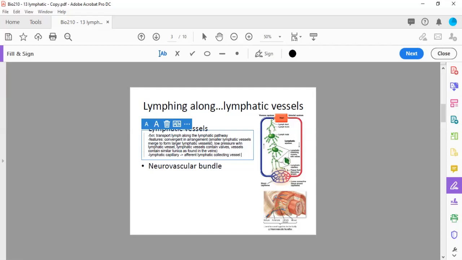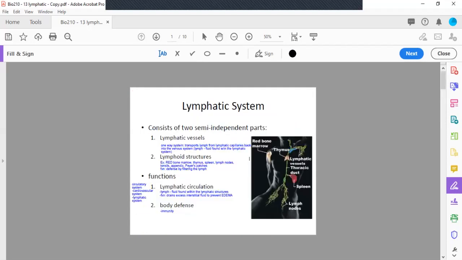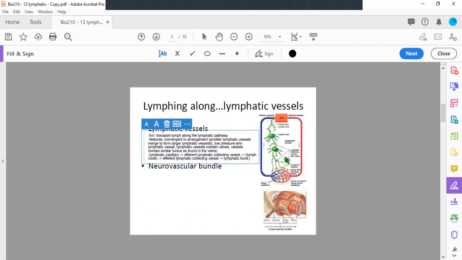Now this goes into the lymph node, which we won't count as a part of the vessels. And it comes back as the efferent lymphatic collecting vessel, which then drains into the lymphatic trunk, which drains into the lymphatic duct.